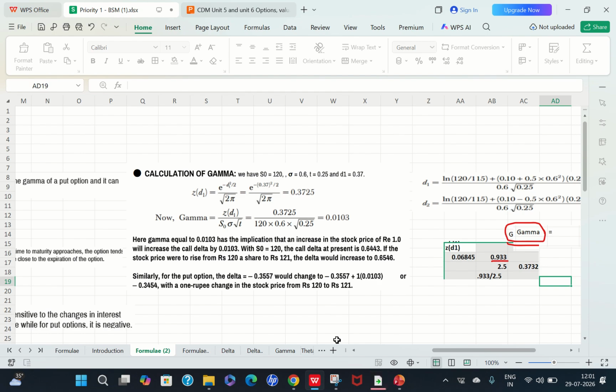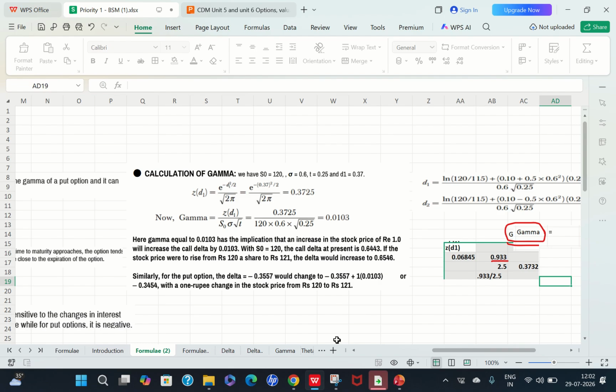The gamma is a continuation of how the delta travels, right? So it will increase the call delta by 0.0103. So with the current price of 120, the call delta is at present 0.64443, right? But if the stock price was to rise from 120 rupees to 121, another rise of 1 rupee, the delta would increase to 0.6546. That is the indication.